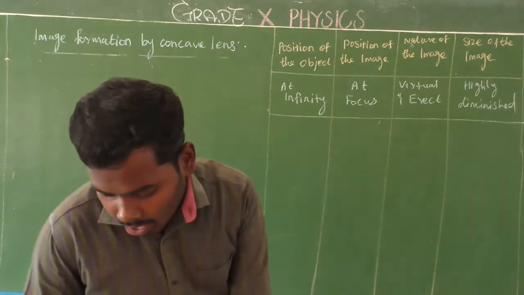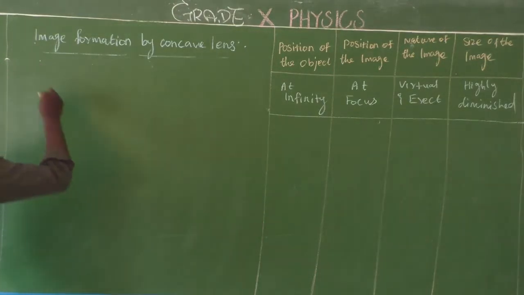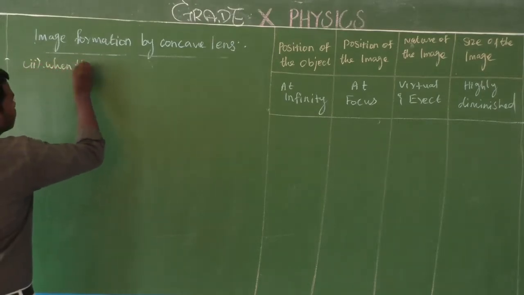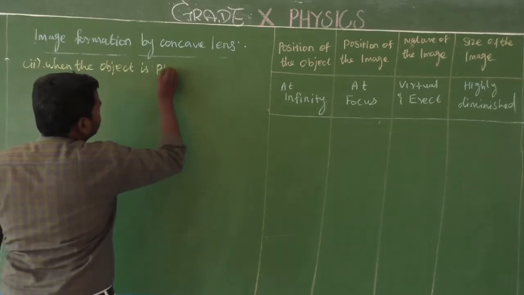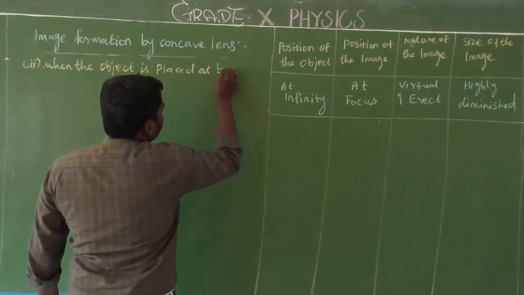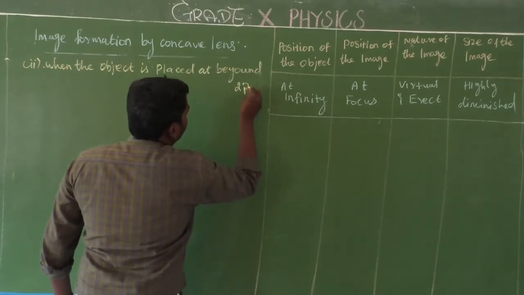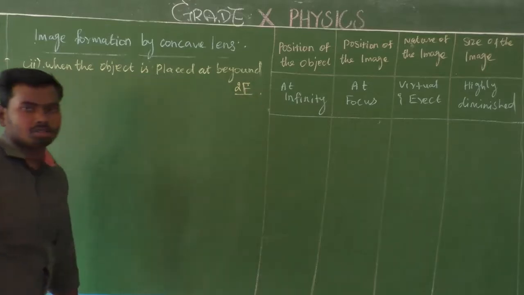So the second one, I am going to place the object beyond the 2F. So when the object is placed beyond 2F, where beyond 2F, that is the concept.